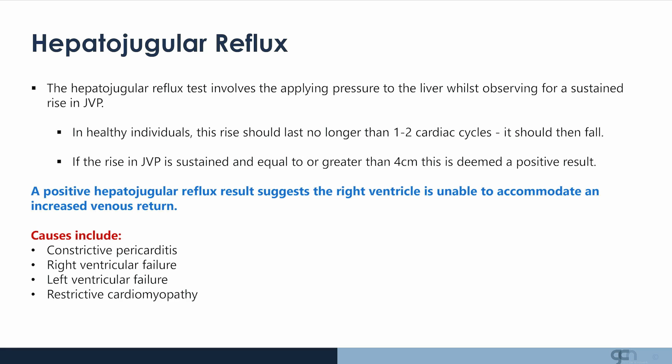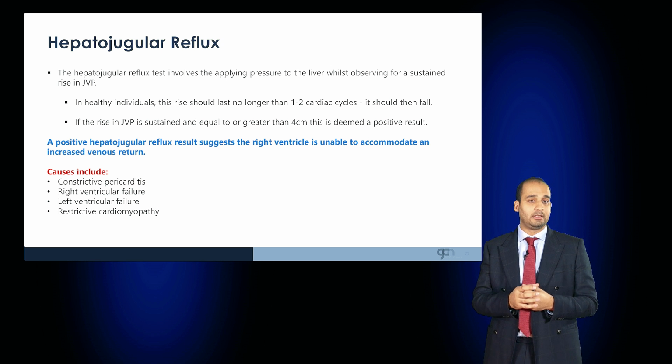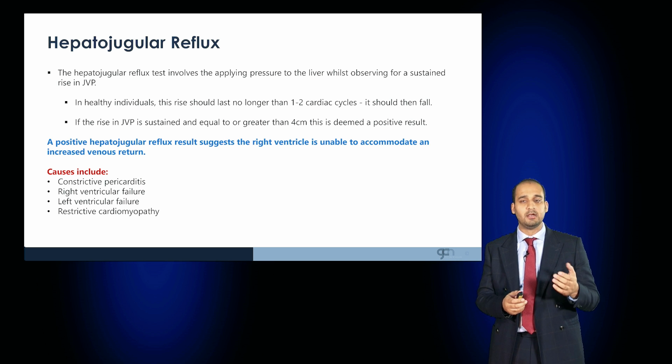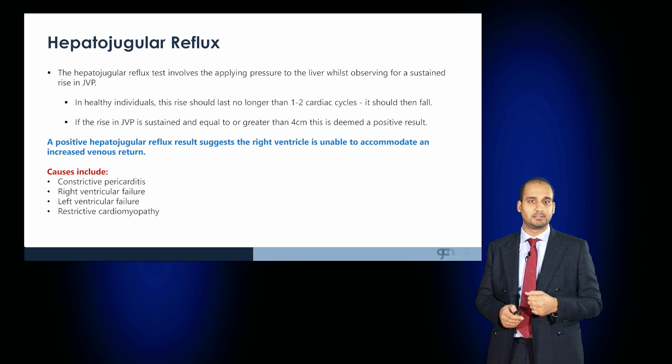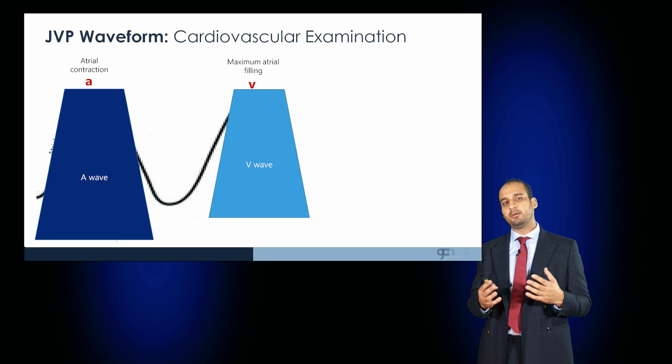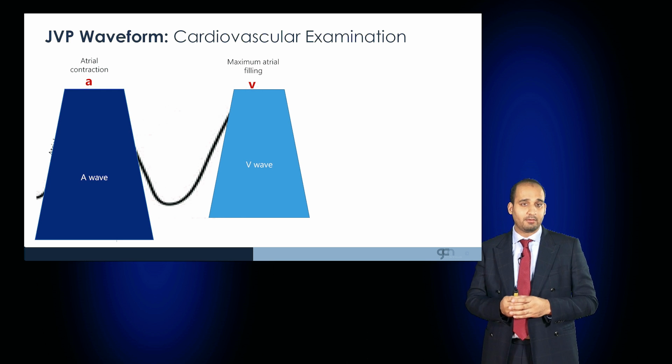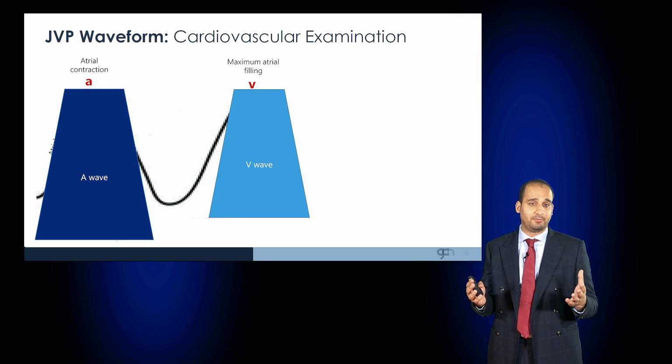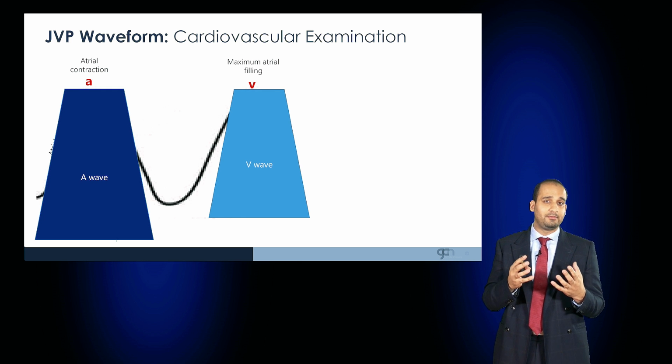If the JVP is sustained, that suggests that the right heart is unable to accommodate the increased venous return, and that may be as a result of right or left heart failure, restrictive cardiomyopathy, or constrictive pericarditis.